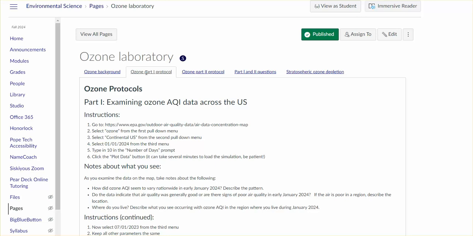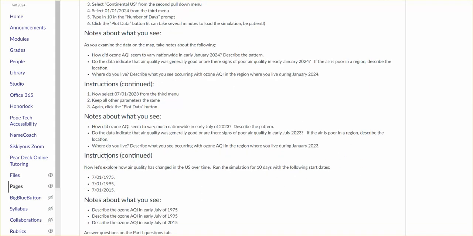You are going to use this tool to look at ozone concentrations across the U.S. at different times of the year, and then also go through time from 1975 to 1995 to closer to the present and see if you can see differences in the air quality or the air quality index for ozone at these different periods of time.